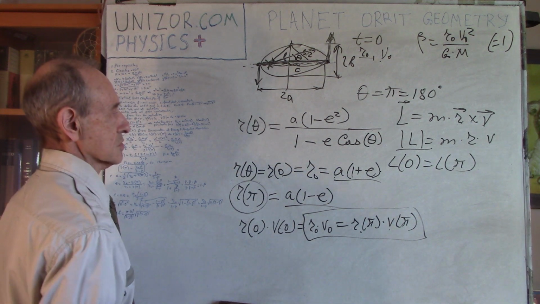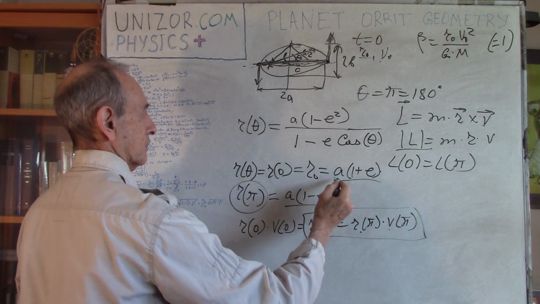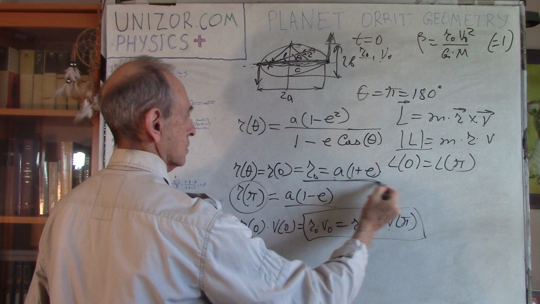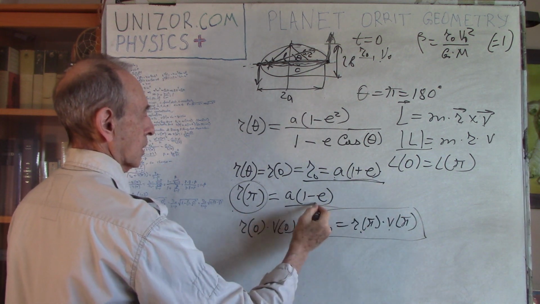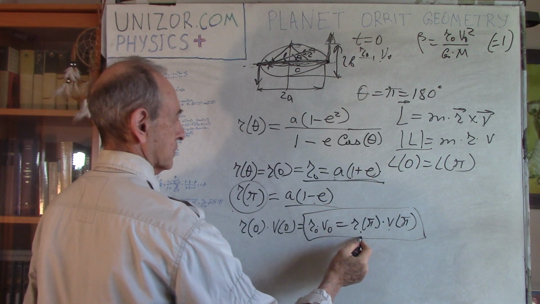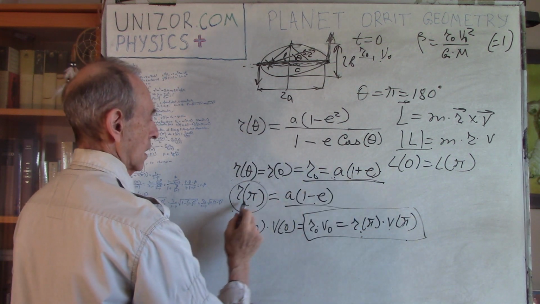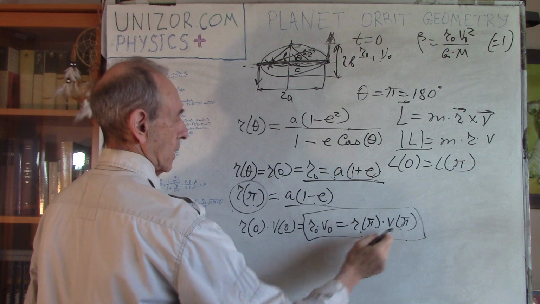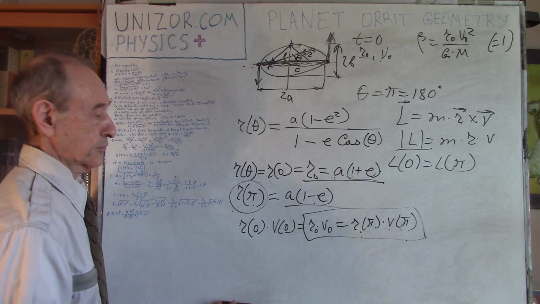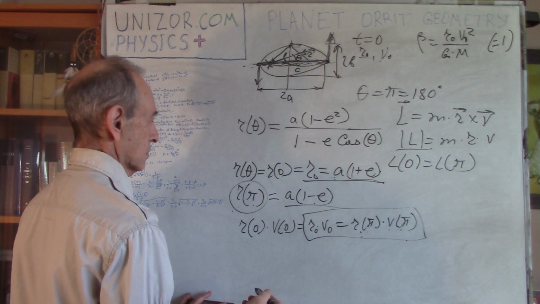So how many equations do we have? We have one equation, we have two equations, and we have three equations. How many variables? a, e, r of pi, and v of pi. So we need one more. We have four different unknowns.